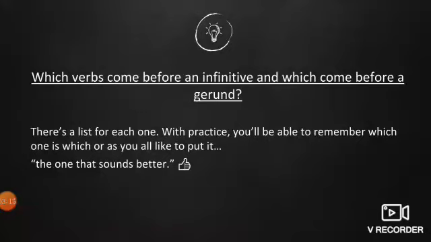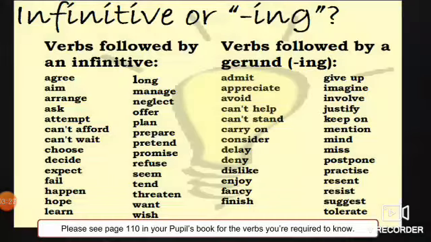And with practice, and just the way it sounds, you'll get to be familiar with which one goes with a gerund and which one goes with an infinitive. So here's a general list. There's a lot more verbs, but this is the best I could find, of a list for the infinitive and a list for the gerund.